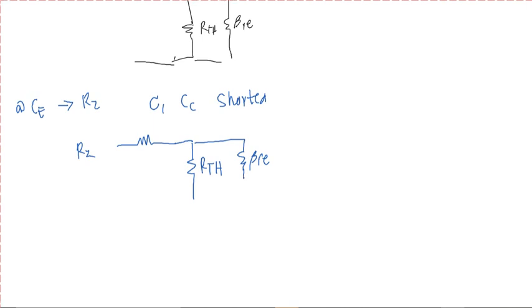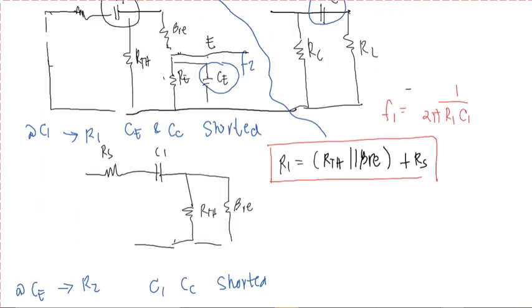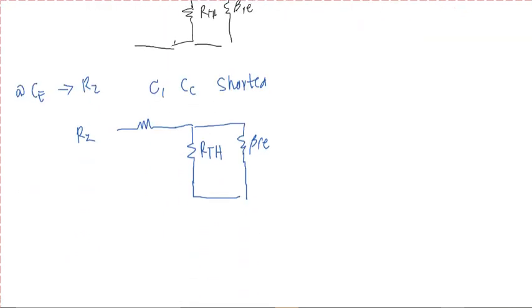And take note, since we will be considering the capacitance here, automatically we no longer consider the RE. The RE given in the circuit will not be considered anymore. So what remains in our circuit will be this one.